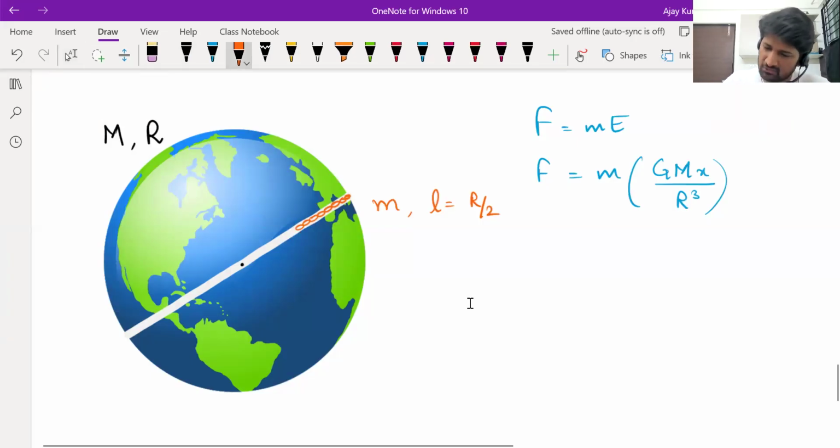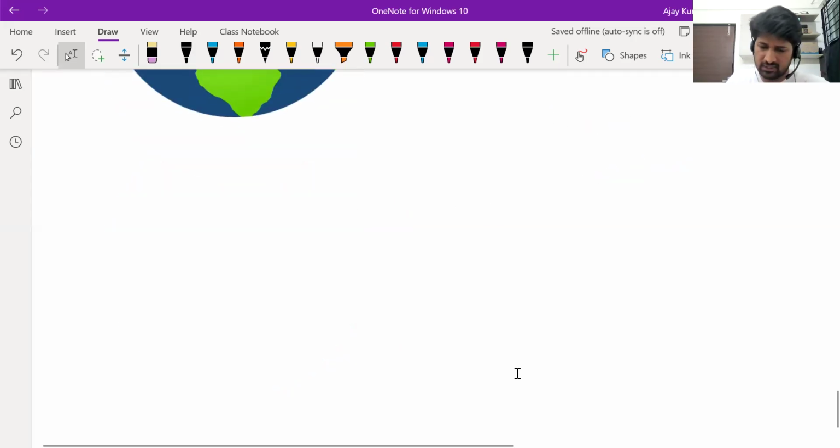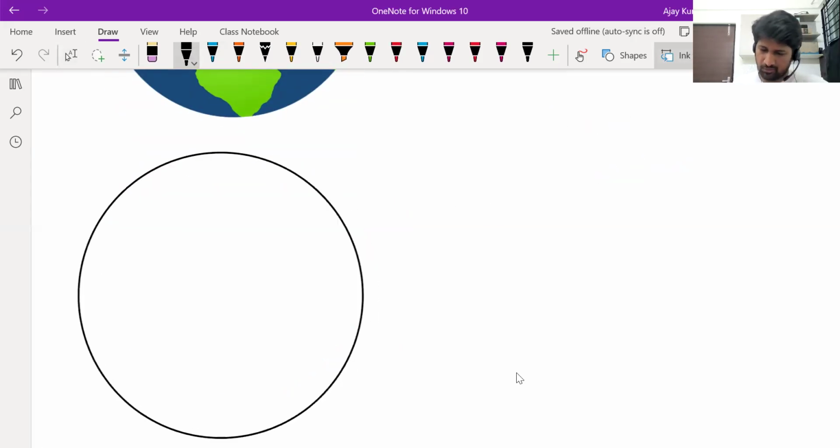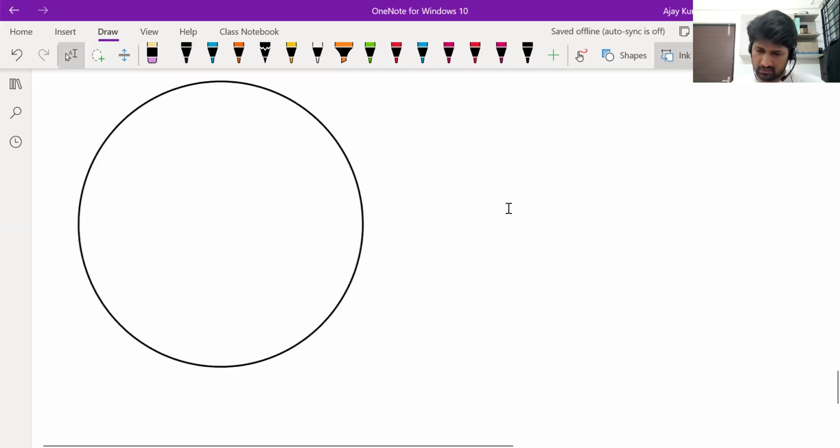So what we'll do is we'll consider an element of this chain first. Just for clarity, let me use a plain diagram, no colors.